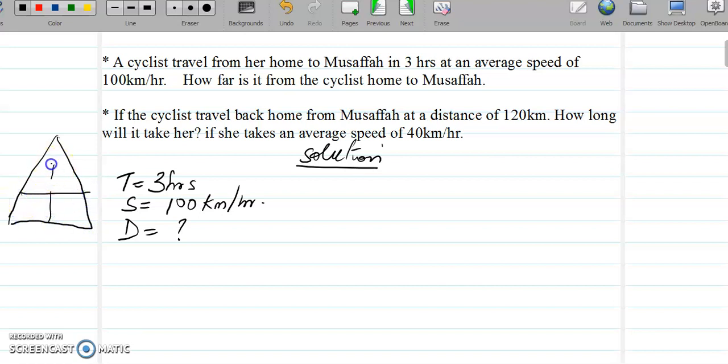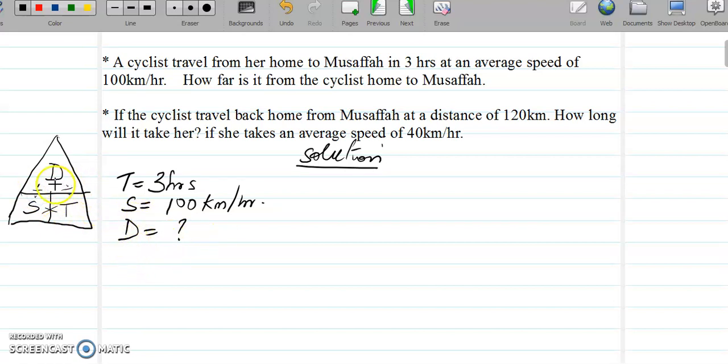Now if I quickly draw the triangle, here I have my distance, here is my speed and here is my time, and this multiplied by this gives me this. Why we divide this, we have this, we divide this, we have this. Now I'm looking for distance.